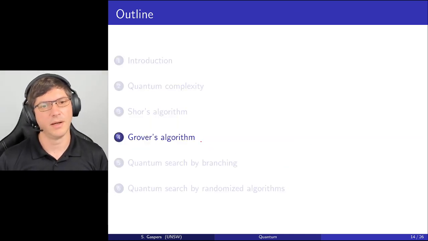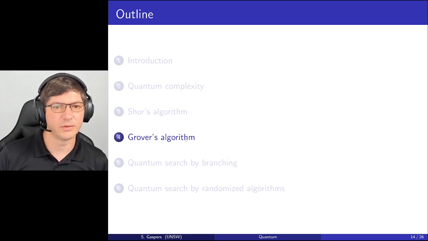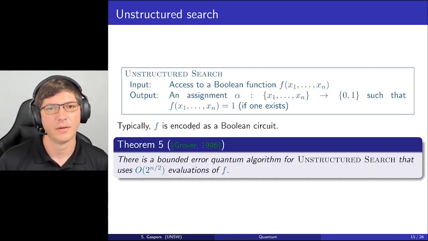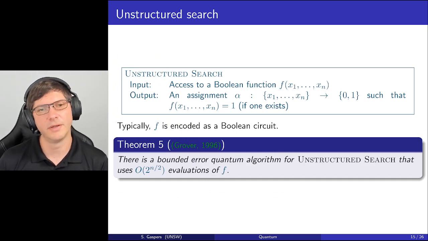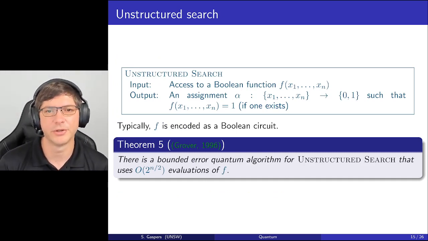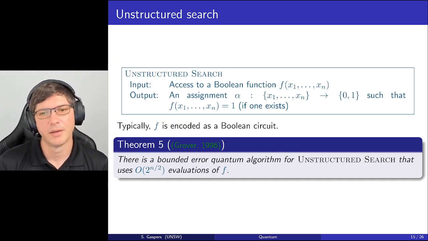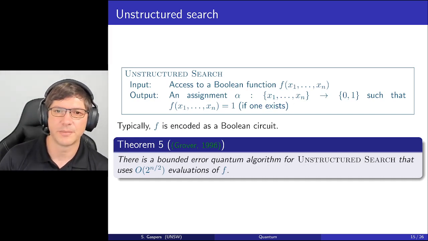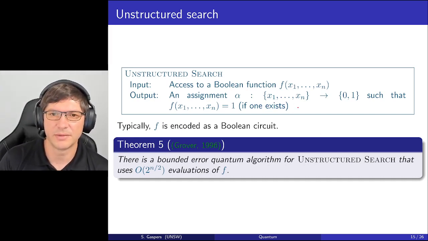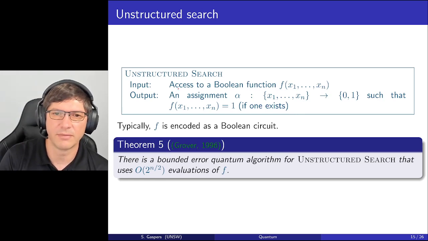The algorithm in the quantum world is Grover's algorithm. It solves the unstructured search problem. So what's unstructured search? Well, the input is given in a strange way.